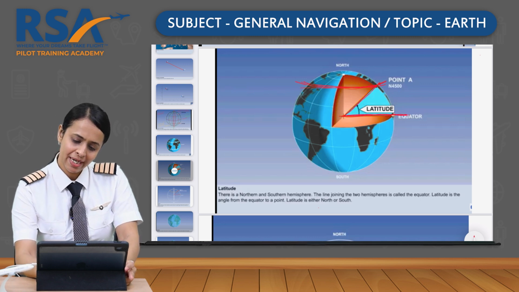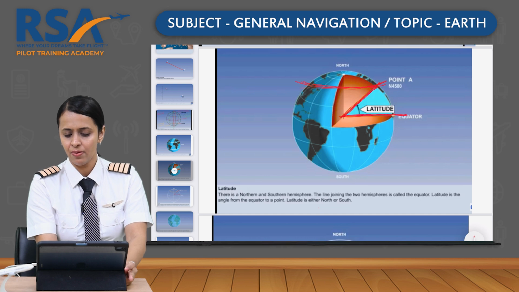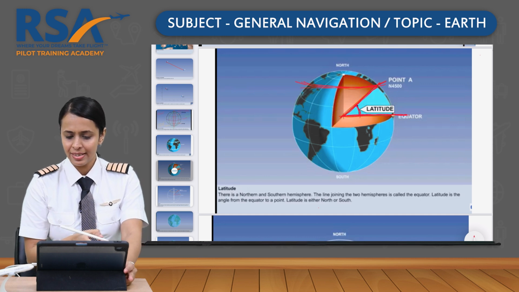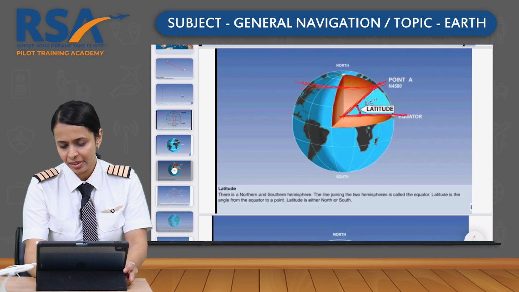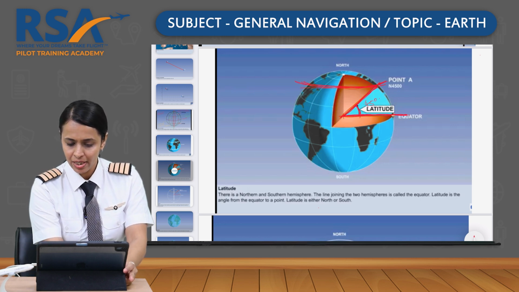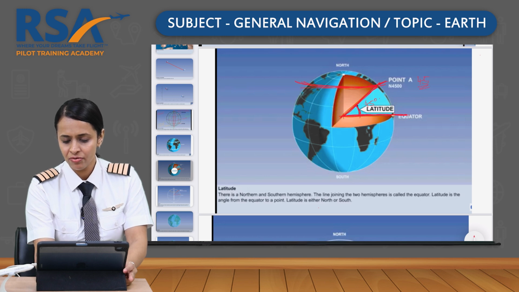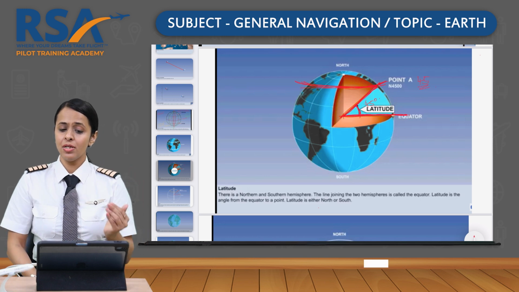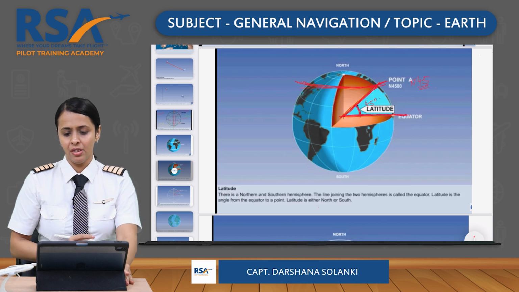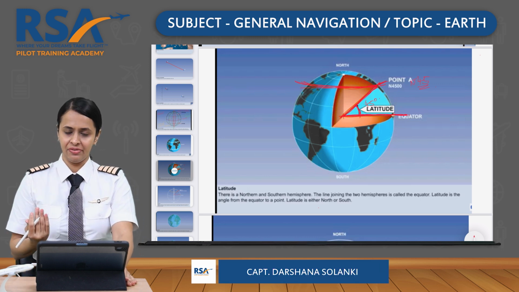Now I have drawn an angle till that point from the equator and I will measure this angle. Now in this example, this angle is a 45-degree angle. So then this latitude line is also known as 45. But because it is in the north, I will also write an N ahead of it. So this is north 45.